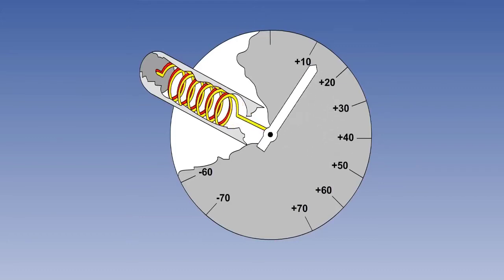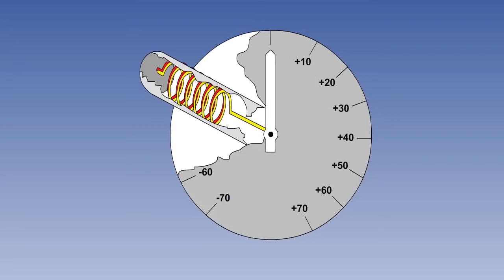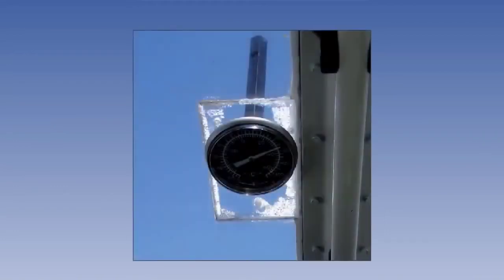This rotation can be used to drive a pointer around a dial, which can be calibrated in the form of a temperature scale. Simple direct reading thermometers are subject to a number of errors which we will look at later in the lesson, but they are adequate for use in relatively low-speed aircraft.